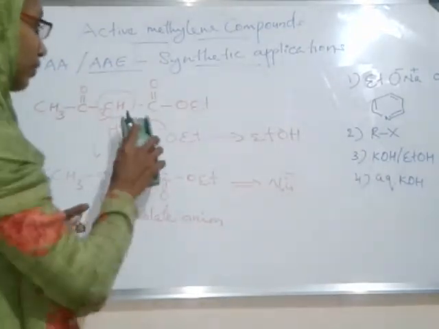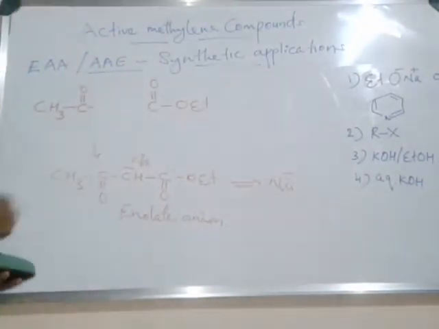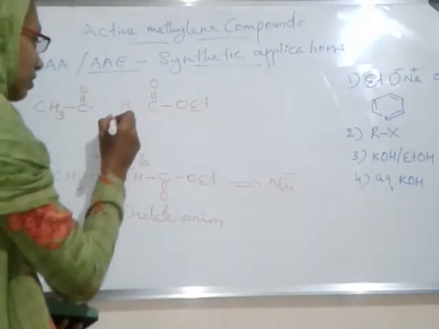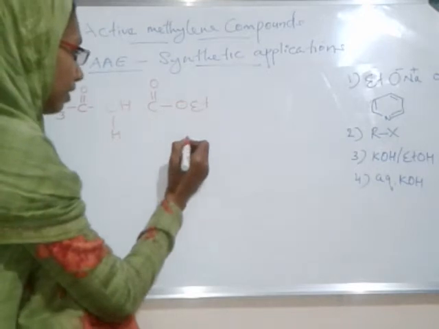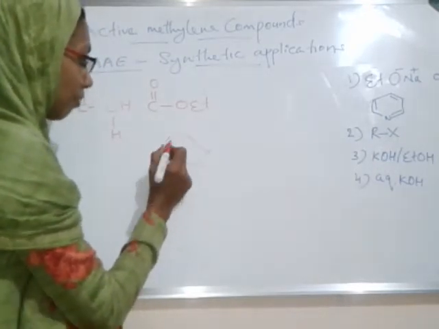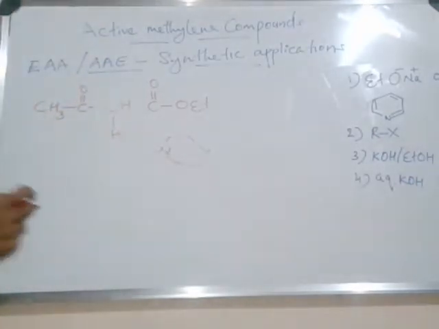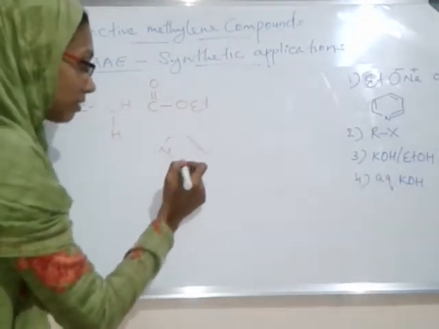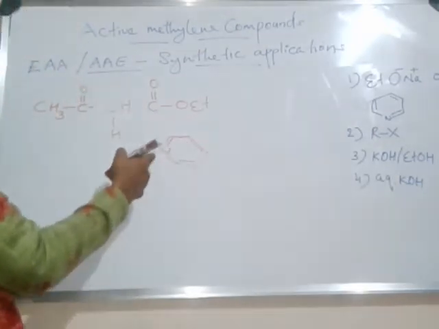In the case when we use pyridine, the reaction taking place is similar. Pyridine is a basic heterocyclic compound with a basic nitrogen. Nitrogen has one lone pair of electrons.